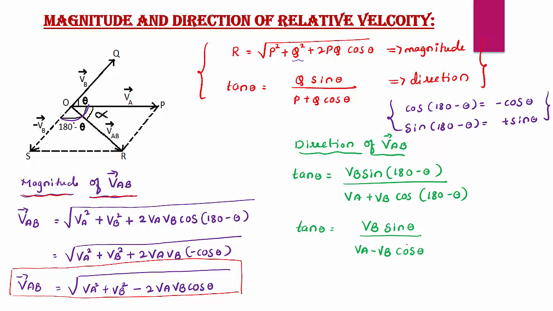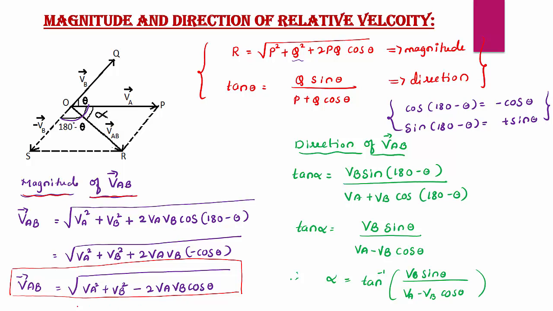So this is an expression for direction. Instead of theta we can write alpha, because alpha is the angle between the vector and the resultant vector, that is VA and VAB. Therefore, when tan is taken to the RHS it will become inverse. So alpha equal to tan inverse of VB sin theta divided by VA minus VB cos theta.